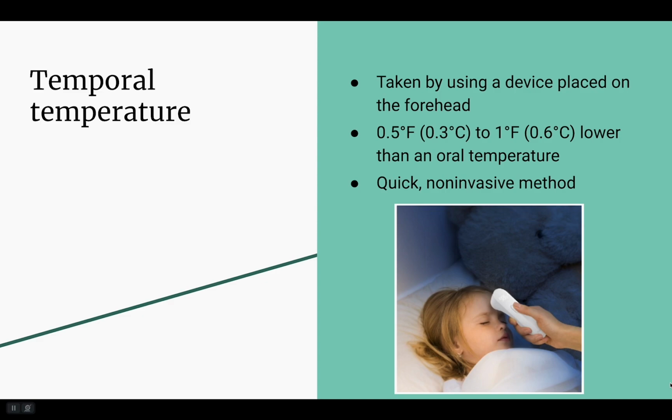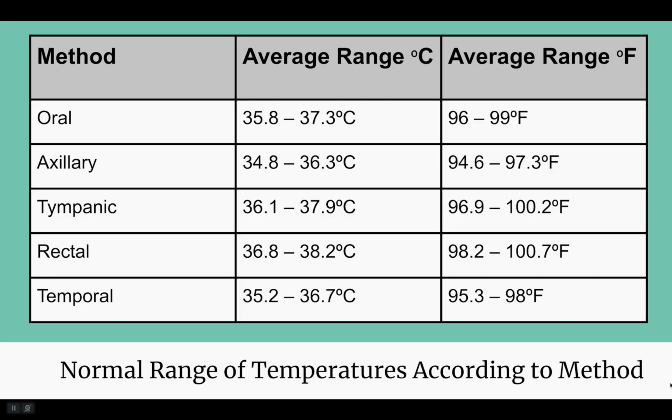The average body temperature is 98.6 degrees Fahrenheit, 37 degrees Celsius, but normal body temperature can range between 97 degrees Fahrenheit, 36.1 degrees Celsius, to 99 degrees Fahrenheit, 37.2 degrees Celsius, depending on the activity level or the time of day.